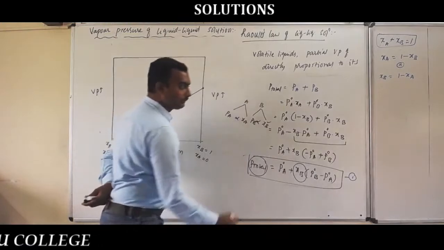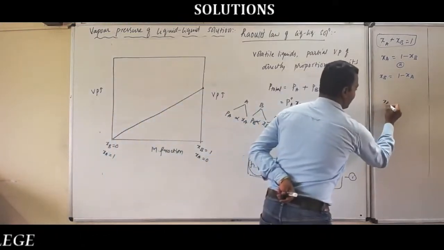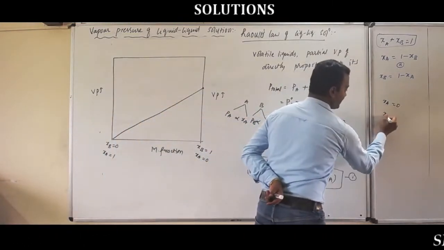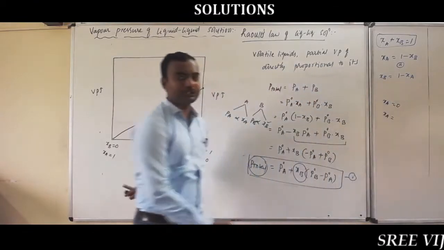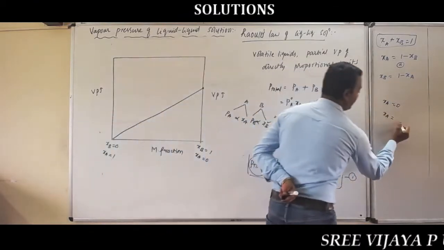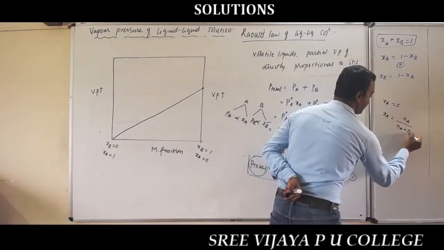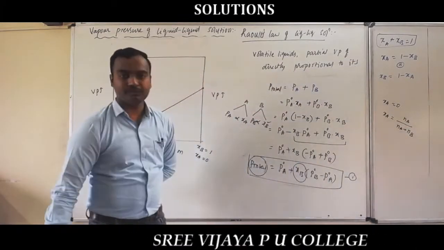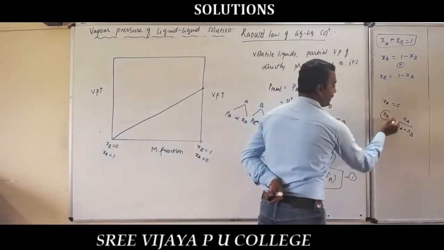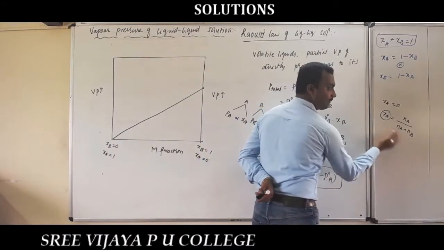xA is equal to 0. xA is nothing but the mole fraction of component A, that is equal to the ratio of number of moles of A divided by number of moles of A plus number of moles of B. Here xA must be 0, so 0 into (Na plus Nb) is again 0.